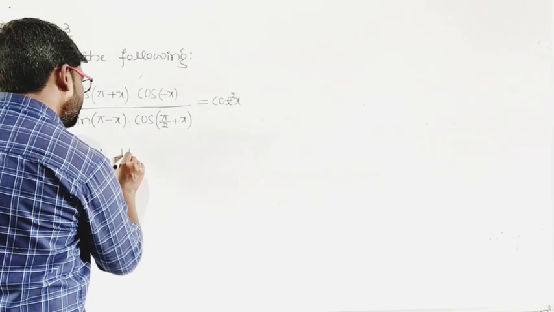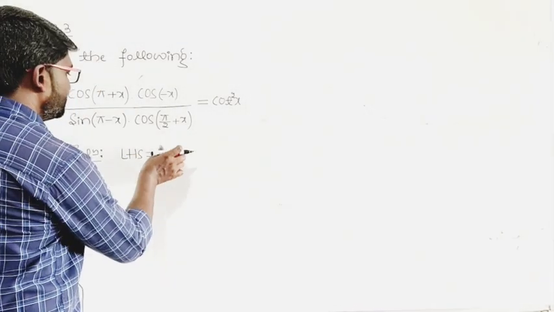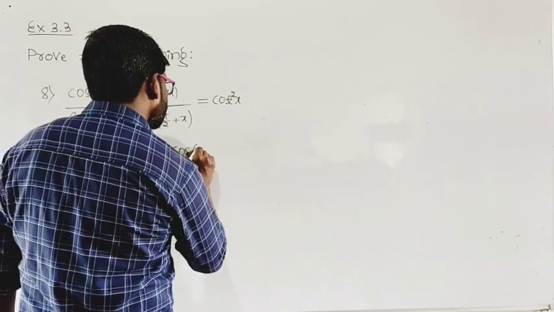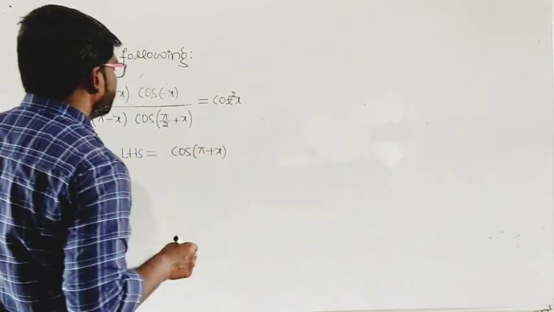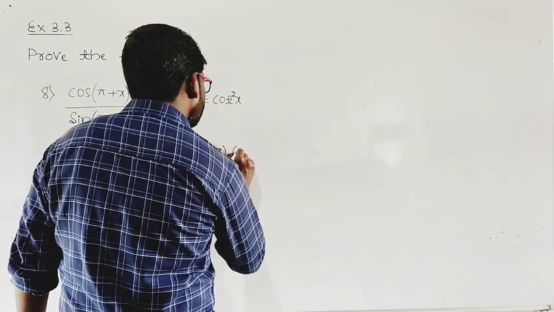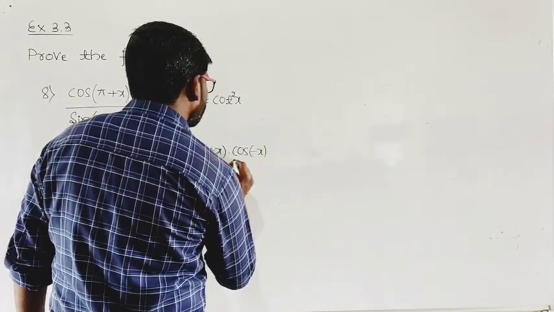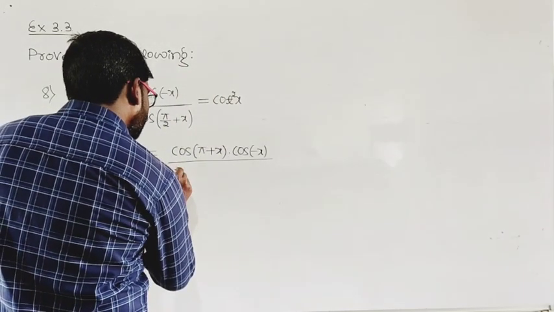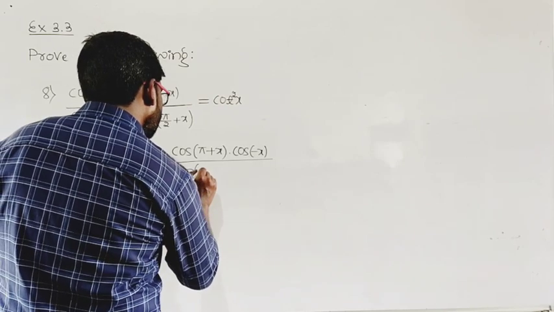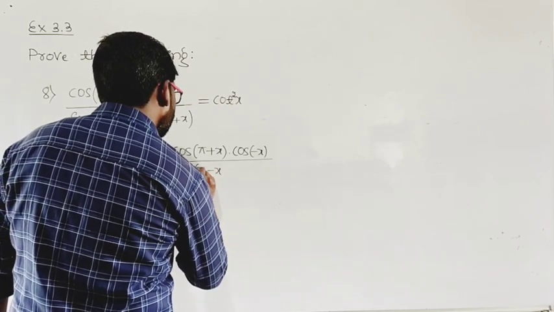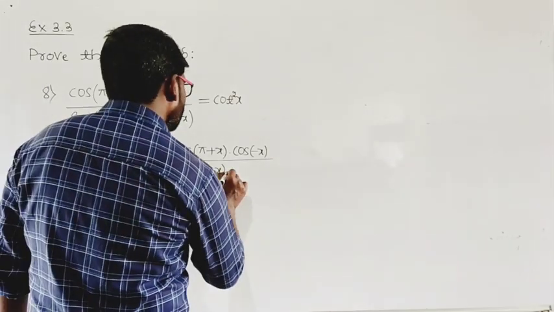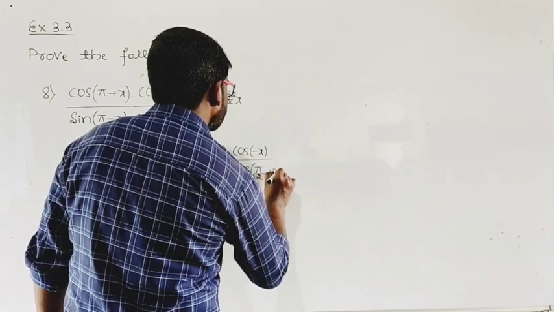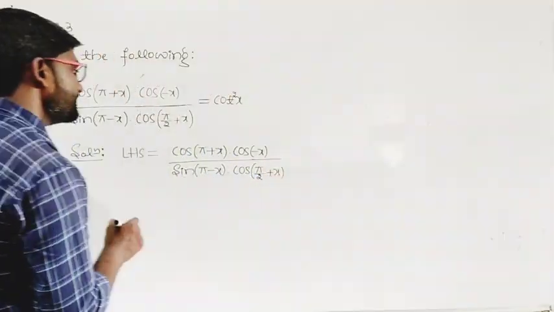So left hand side, which is equals to cos pi plus x into cos minus x divided by sin pi minus x into cos pi by 2 plus x.